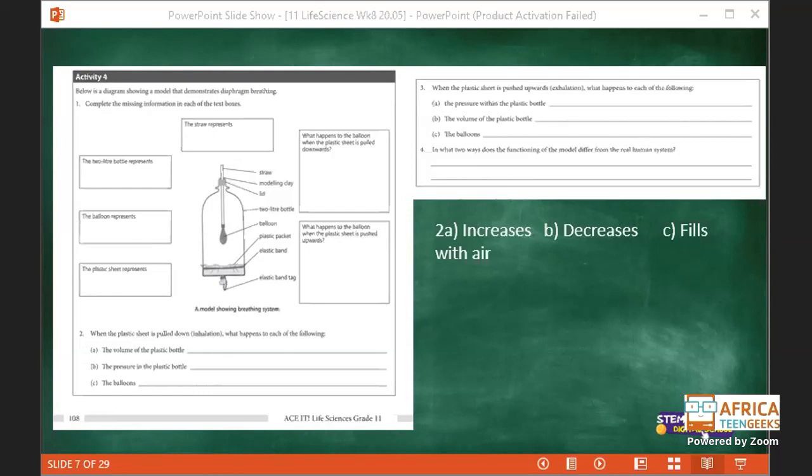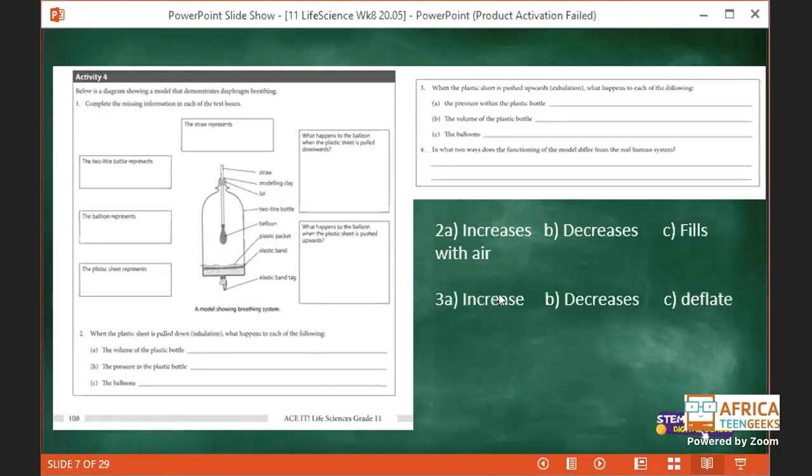Okay, so the answer that I have for A is that the pressure within the plastic bottle decreases. And then the volume in the plastic bottle would increase. And what happens to the balloon? So the thoracic cavity decreases and the pressure in the lungs increases and the balloons deflate.